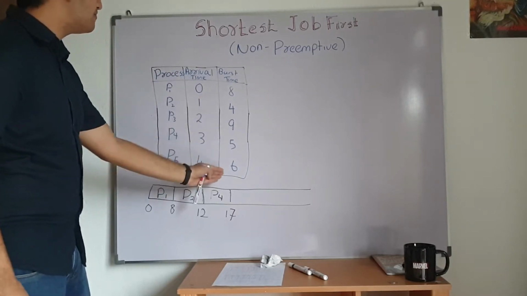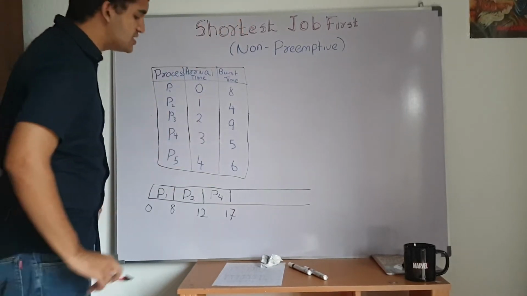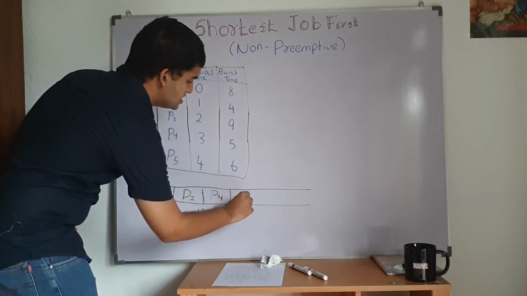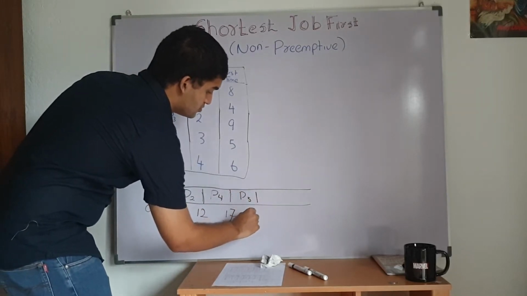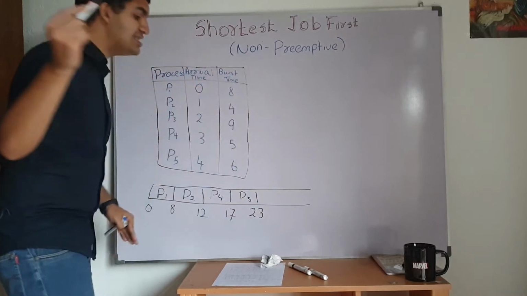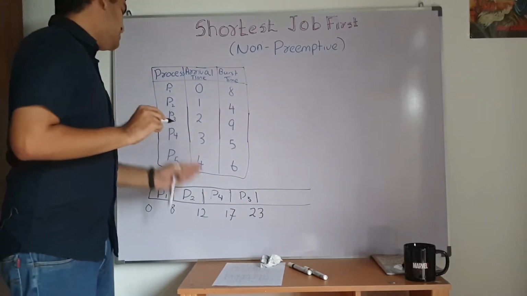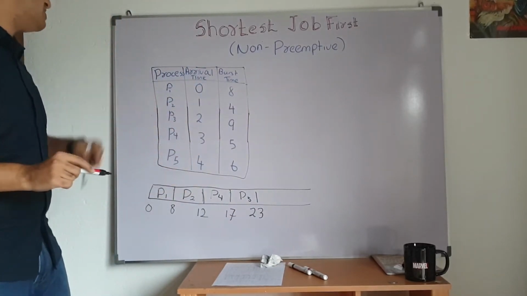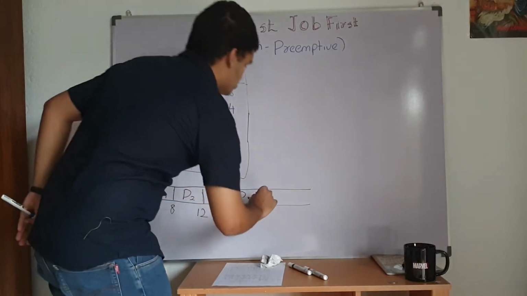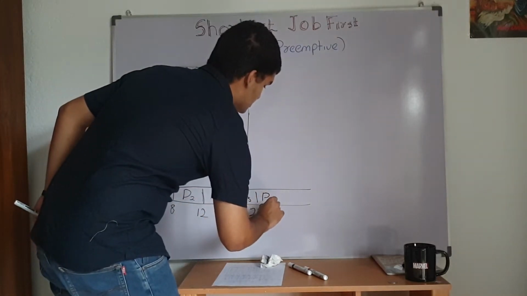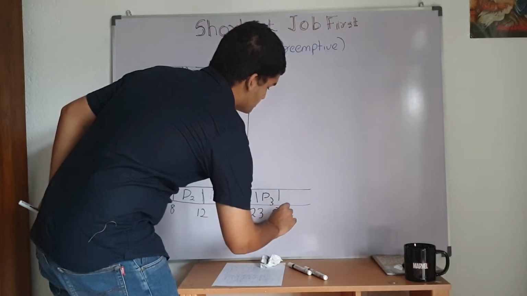Now that's done. Let's take P3 and P5. What are you going to take? P5, shortest job first. P5 is going to be 23. Now you have the rest, P3, and you just put P3.